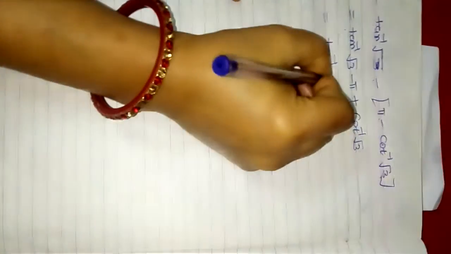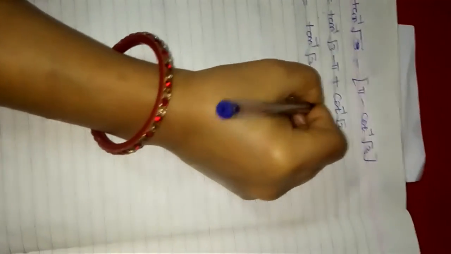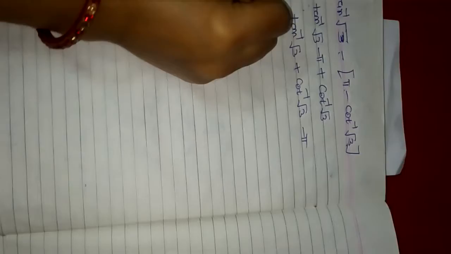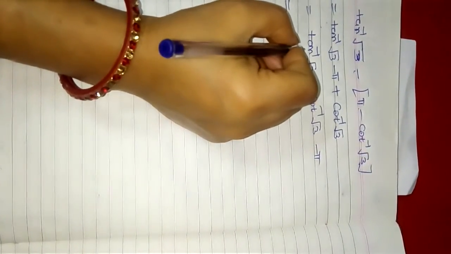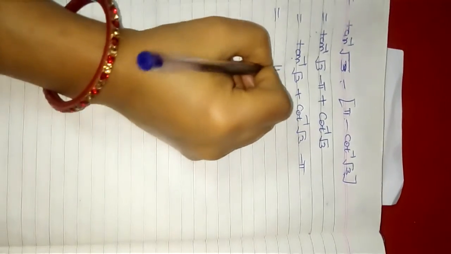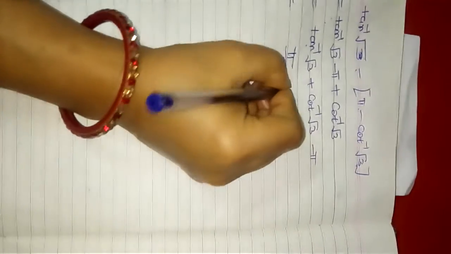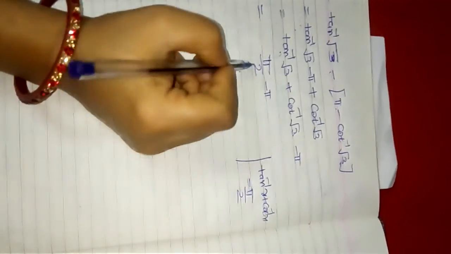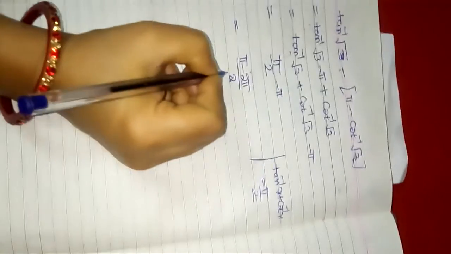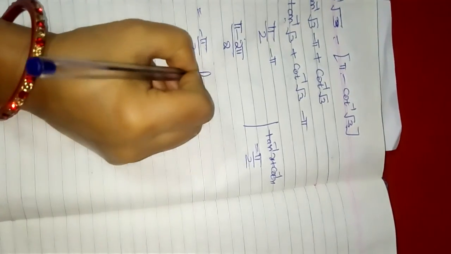Now rearranging the terms, it will come tan inverse root 3 plus cot inverse root 3 minus pi, and the value of tan inverse root 3 plus cot inverse root 3 is equal to pi by 2. The formula is tan inverse x plus cot inverse x equal to pi by 2. So we are putting the value of this term equal to pi by 2. Now pi by 2 minus pi, that is pi minus 2 pi upon 2. Now what is coming here? Minus pi by 2. So this is the answer of this value.